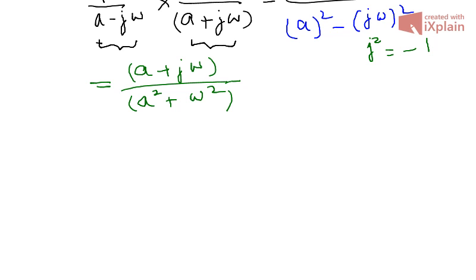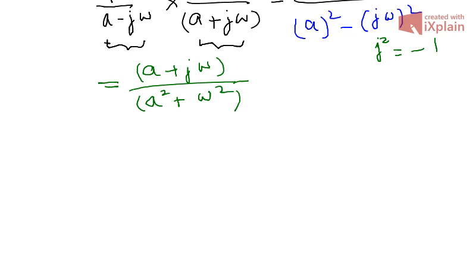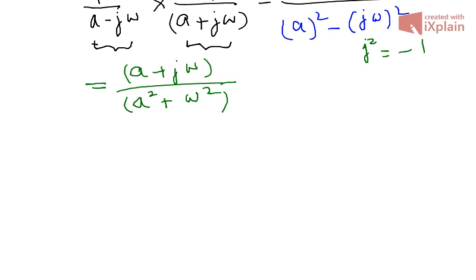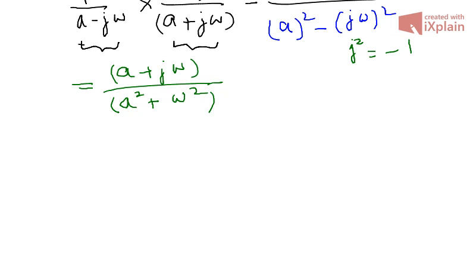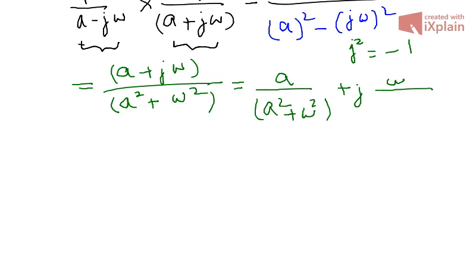Now you can see why writing it in this form is feasible, because you can see the real and imaginary parts, right? You can also write it as a over a square plus omega square, which is the real part, plus j omega over a square plus omega square, which is the imaginary part.